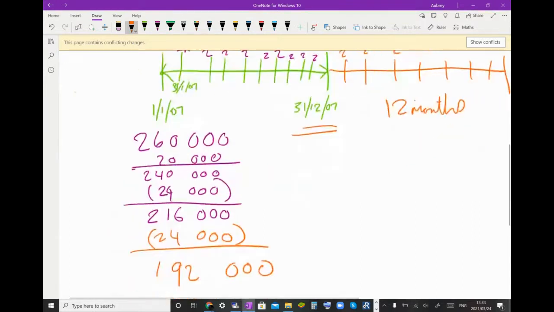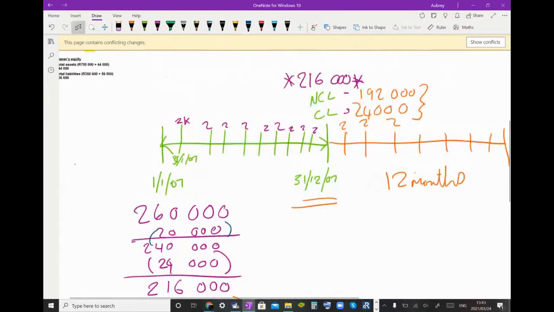We know the value of this thing was 260. However, we paid a deposit, so we need to deduct 20,000, and that's how we arrived at the 240. So on 1 January 2007, we owed 240,000.